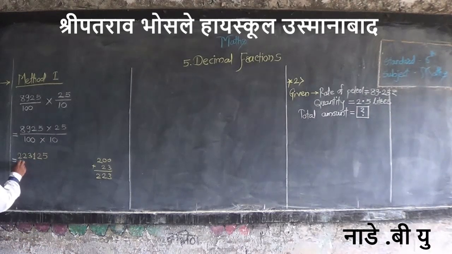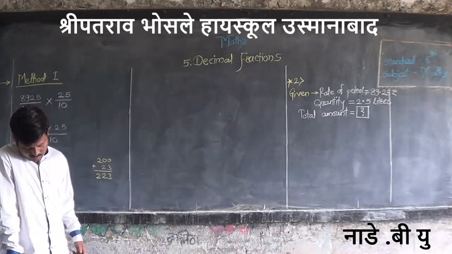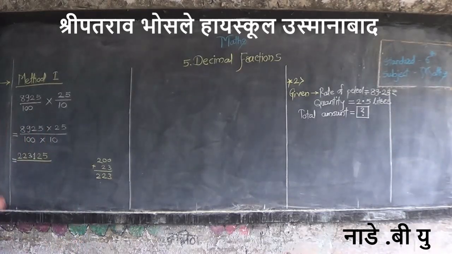Here the remaining is the product of denominator place numbers. The numbers are 100 multiplied by 10, means the numbers are multiples of 10.